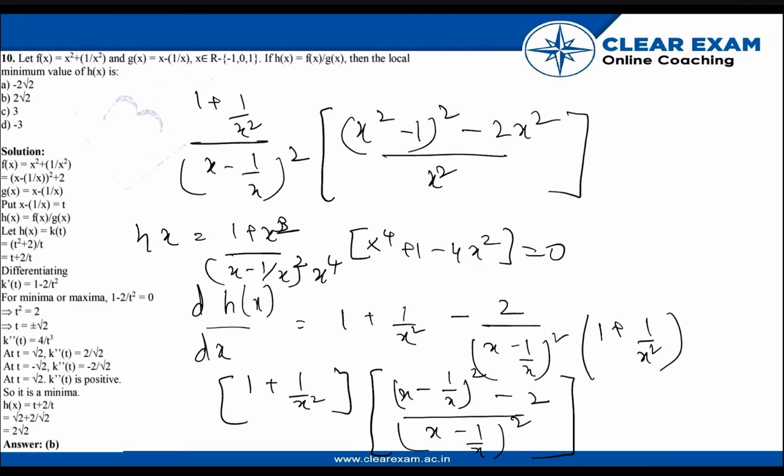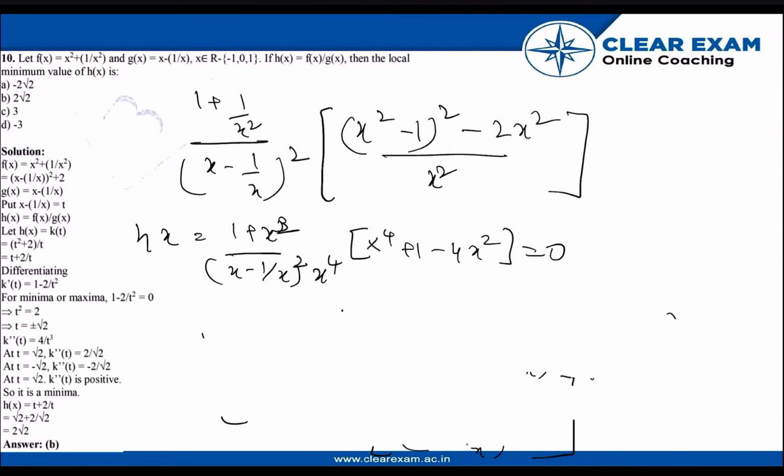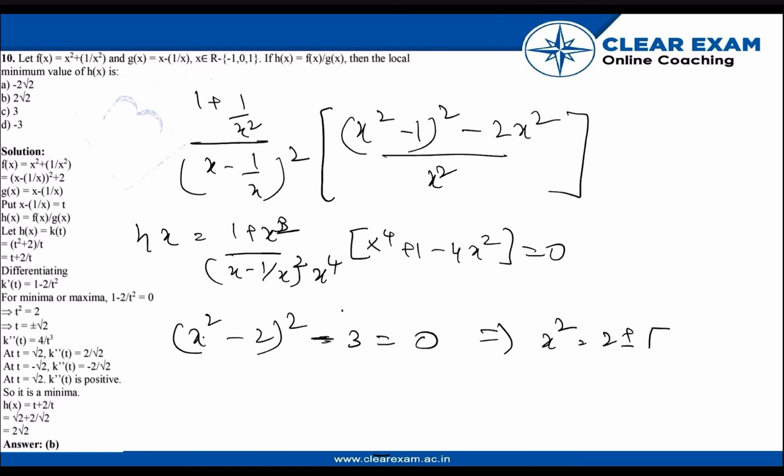Now we can write this equation as (x² − 2)² − 3 equals 0, which implies for local minimum x² equals 2 ± √3.